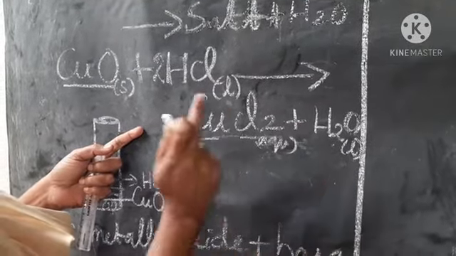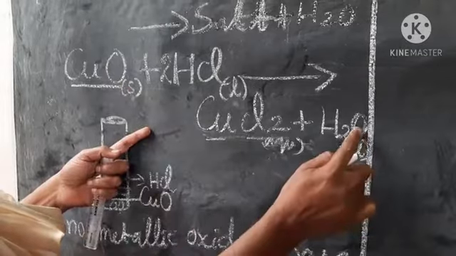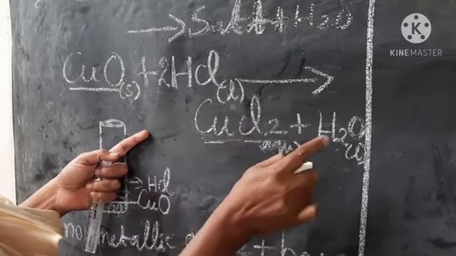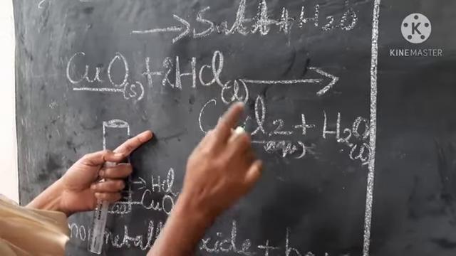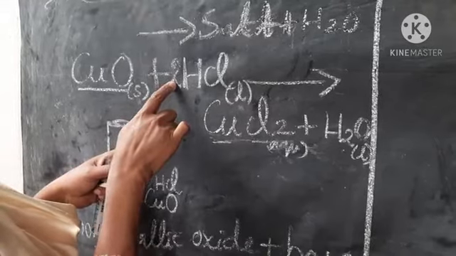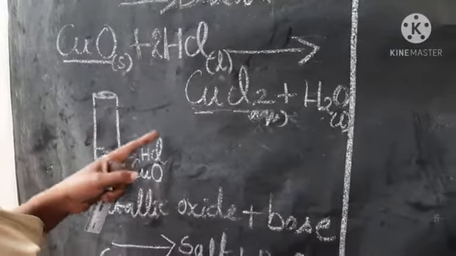Balancing: Cu 1, Cu 1 balanced; O 1, O 1 balanced; hydrogen 1 on this side, 2 on that side; chlorine 1 on this side, chlorine 2 on the other. So I have put 2 here. Now it is a balanced equation.